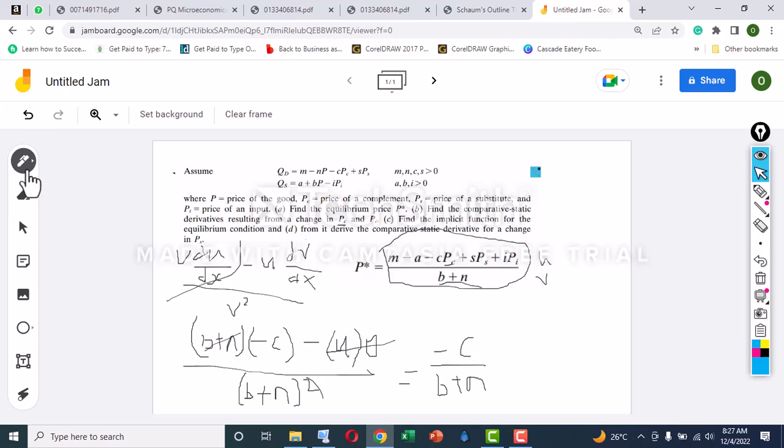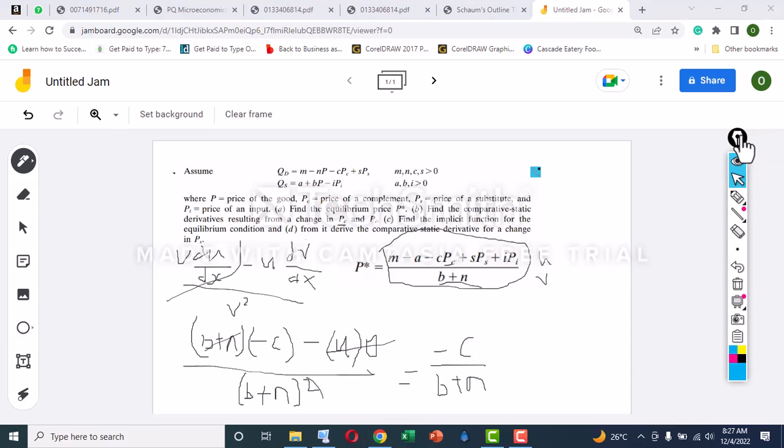Number two, who knows, there may be a question that will say differentiate implicitly. Don't just use the formula directly, you'll be losing lots of marks. They want to see your steps. So that's why you still need to know this implicit function. While we are doing this comparative static, we are even starting to do part of implicit function. That's simply what we are doing.